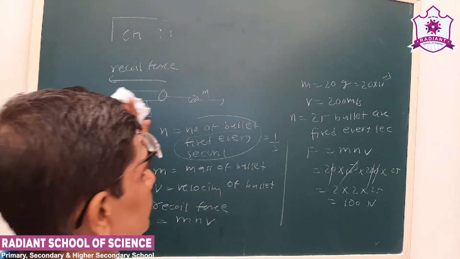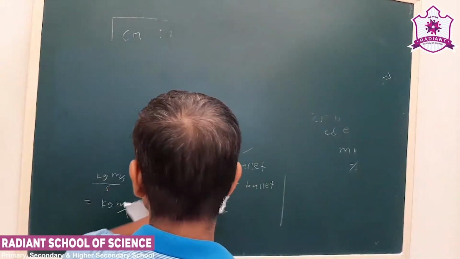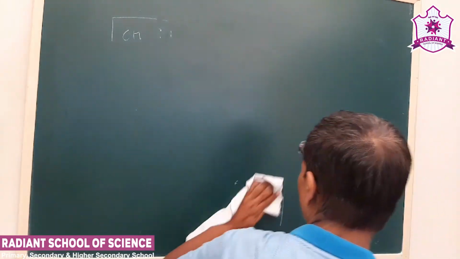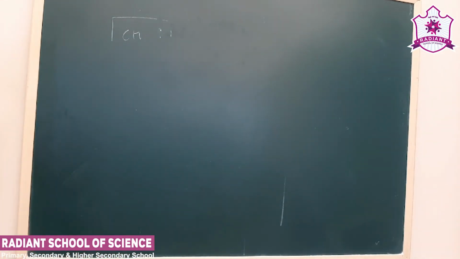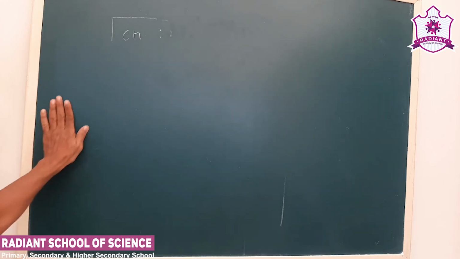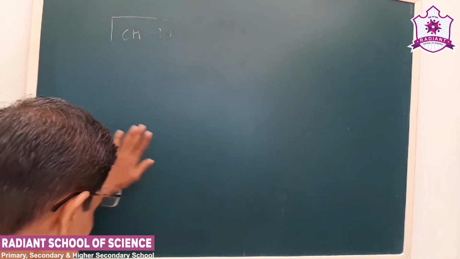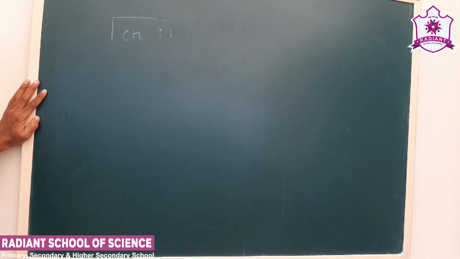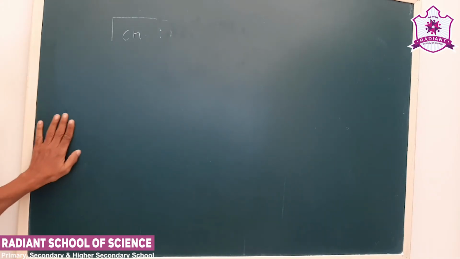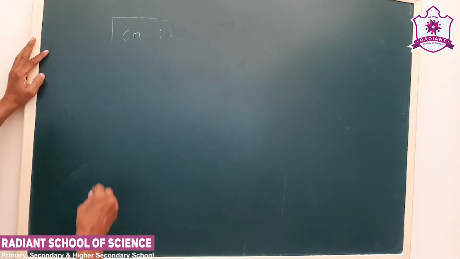Now, see, important examples are related to the law of conservation of linear momentum. Okay, sometimes it is given in terms of a graph. Now let us say I take one such graph.